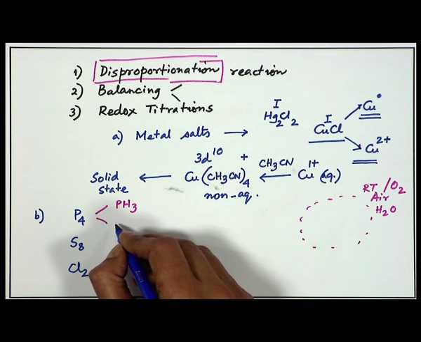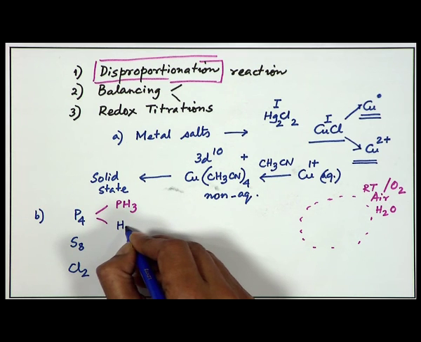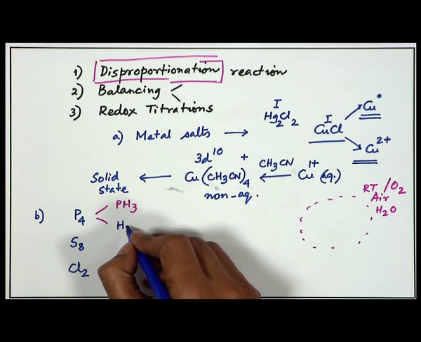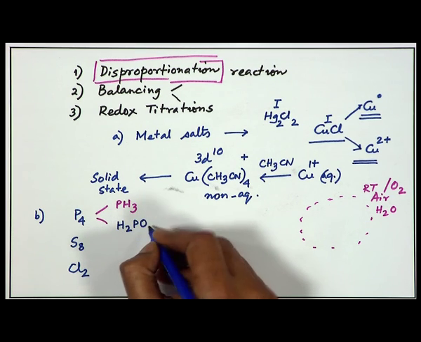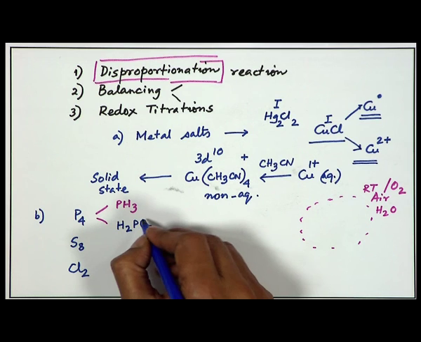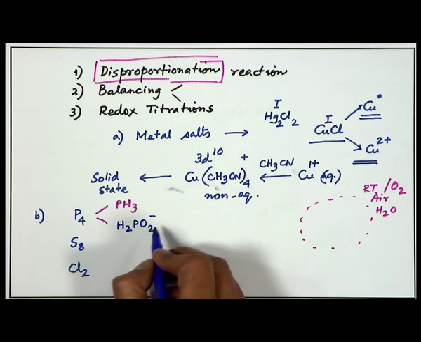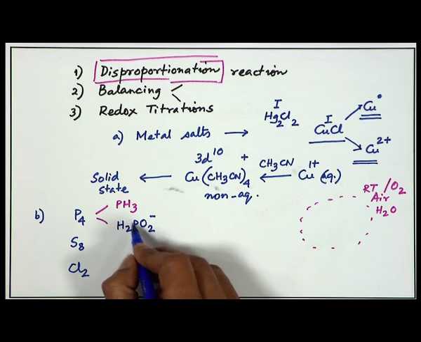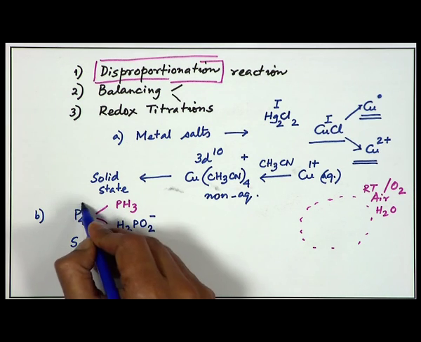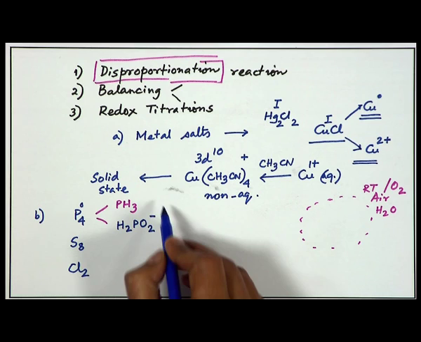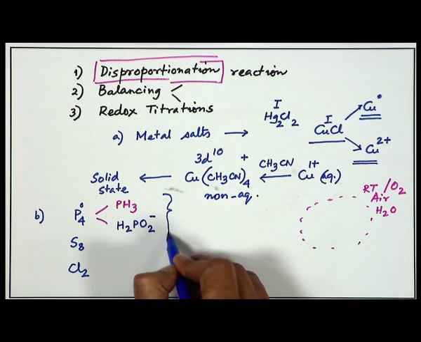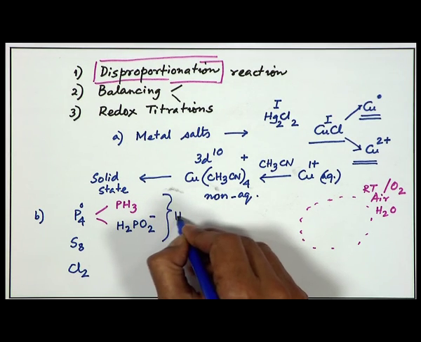The other species can be the corresponding oxidized form, some phosphorus oxoanion, H2PO2 minus, the hypophosphite ion, where phosphorus is in an oxidized form from the zero state. This particular reaction can take place in basic medium.